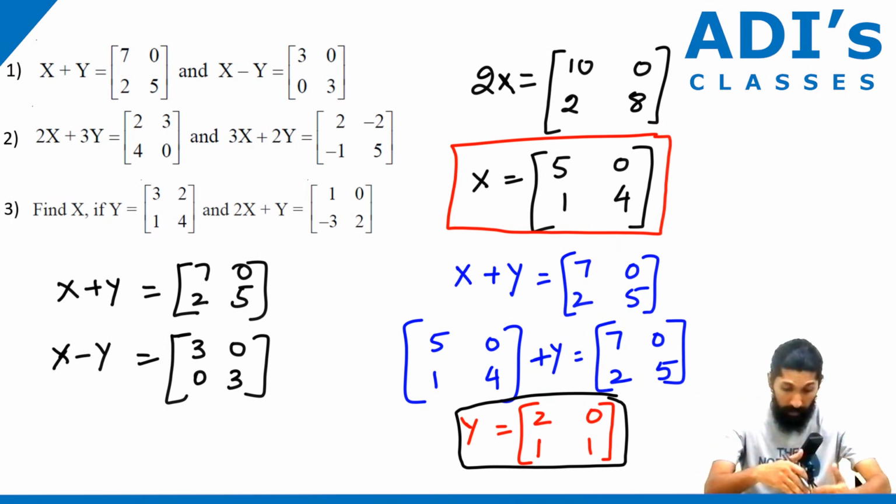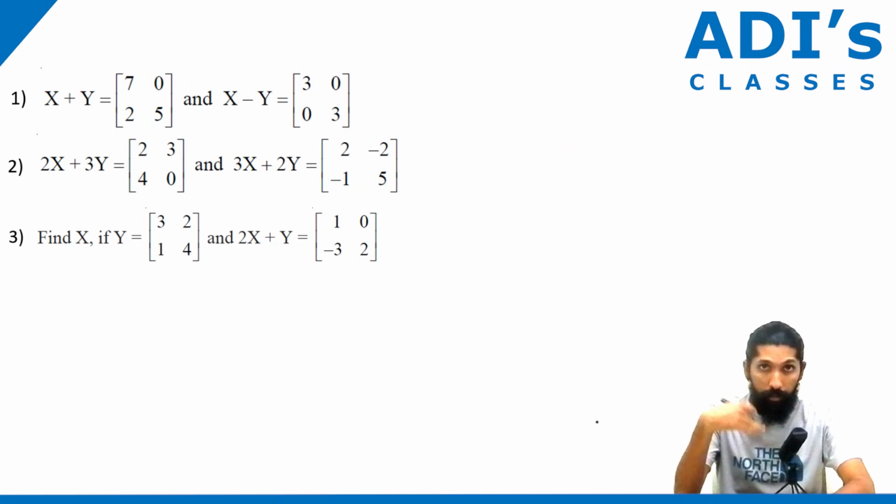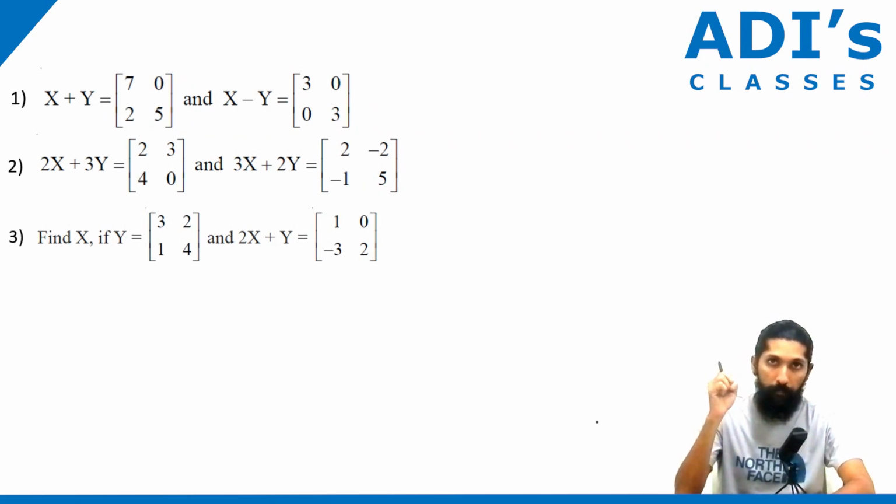Now let's do the second question. The second question is also based on x and y. See, in the second one, you have 2x plus 3y as one matrix, 3x plus 2y as another matrix. Again, linear equations. Before we move on, let's simplify this a little bit. There are multiple ways of doing this.